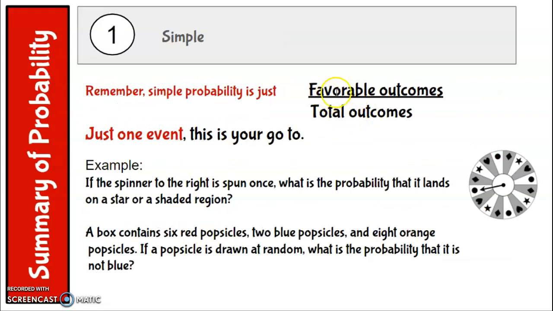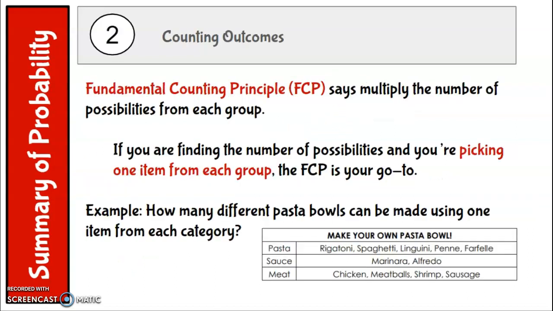Now, in this unit, we also discussed how to count different kinds of outcomes, because all of the probabilities are based on this: the favorable outcomes, the ones you're trying to get, out of the total outcomes. To figure out the total outcomes, sometimes we have to apply the fundamental counting principle, which I like to call the FCP. If you're trying to find the number of possibilities, you're going to multiply the number of possibilities from each group.